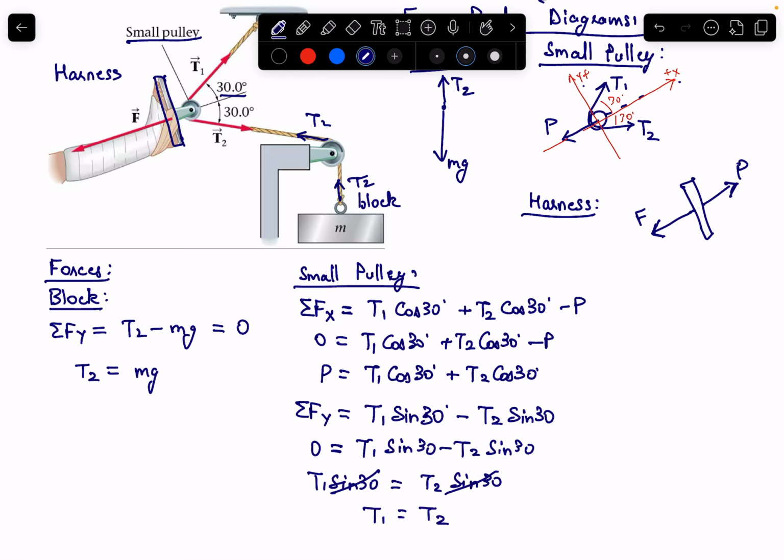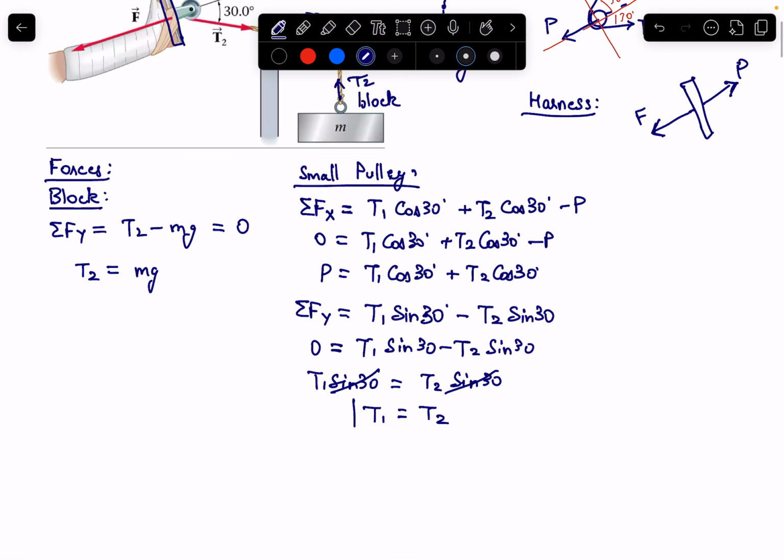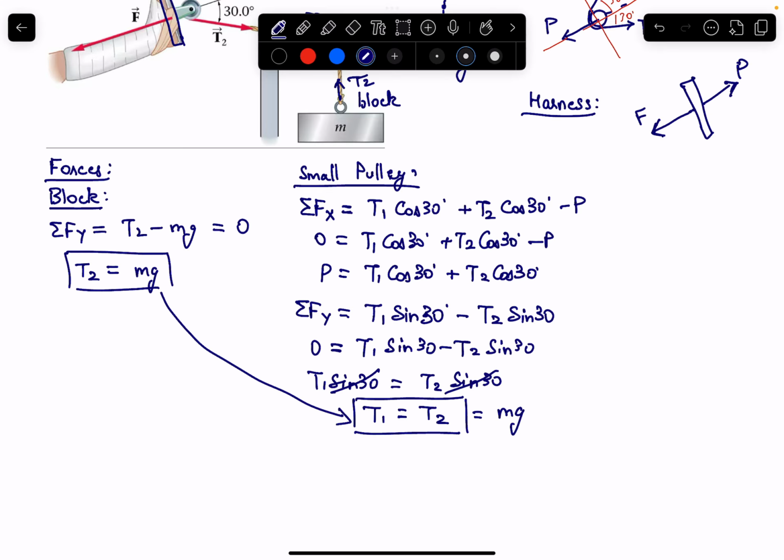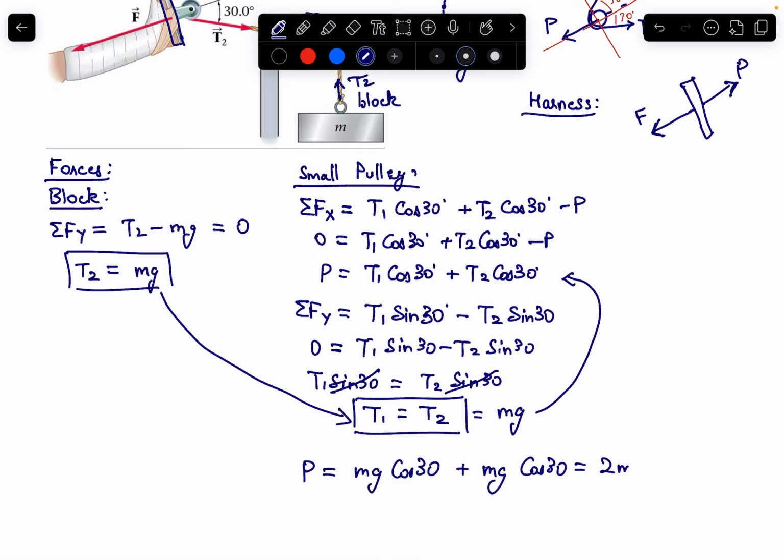So T1 is equal to T2, and this is equal to mg, right? Putting all of this into my equation for P, I get P is equal to mg cosine 30 plus mg cosine 30, which is equal to 2 mg cosine 30.